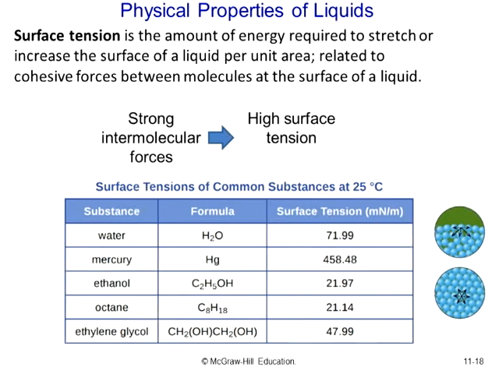Let's talk next about surface tension. What is surface tension? Surface tension is the amount of energy required to stretch or increase the surface of a liquid per unit area. In other words, surface tension is the energy that it takes to spread a drop. You put a drop on something, how fast does it spread?